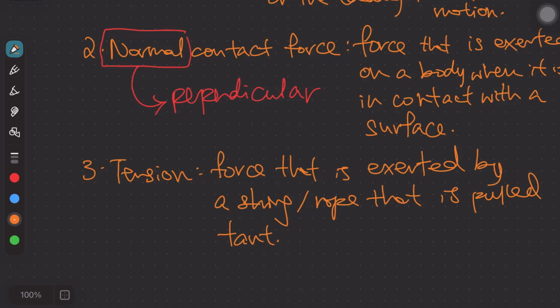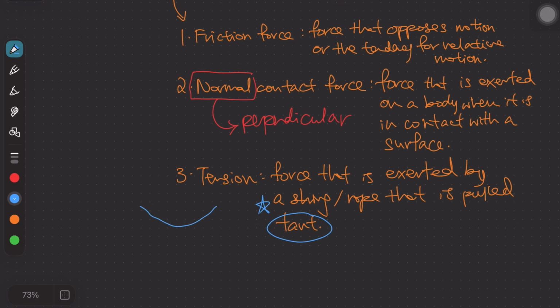This idea of it being pulled taut is very important. If your string is sagging like that and you are not really pulling on it, is there tension? No. It needs to be put straight. Then, for example, if I'm holding on to this end or this end, now we have tension within the string.